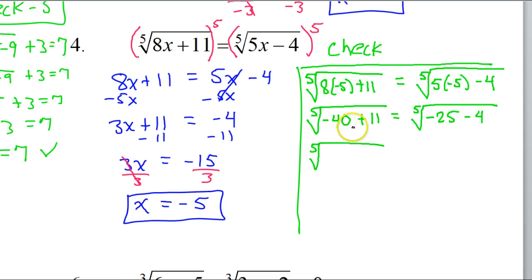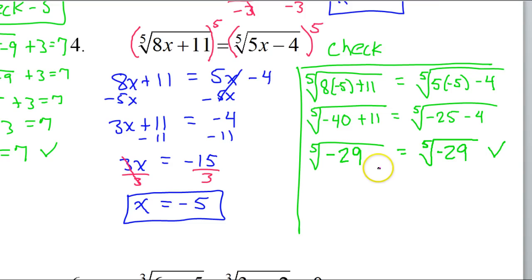Negative 40 plus 11 is negative 29. And negative 25 minus 4 is also negative 29. We really can't simplify this any further. So we're just going to go ahead and say, oh, look, this checks out.